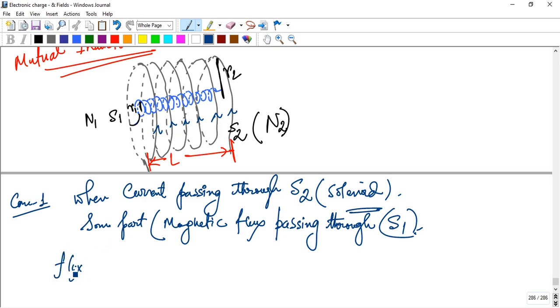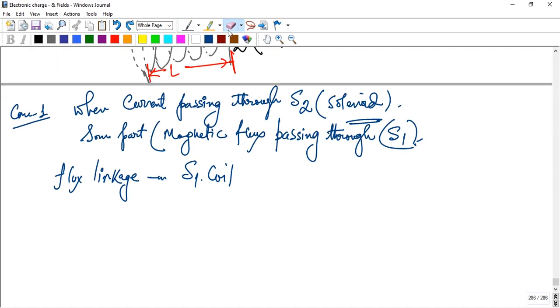So the flux linkage in the S1 coil is equal to N1 times phi, where N1 is the number of turns and phi is the linked magnetic flux phi 1. That is equal to the mutual inductance M12 of coil 1 with respect to coil 2, times the current I2.